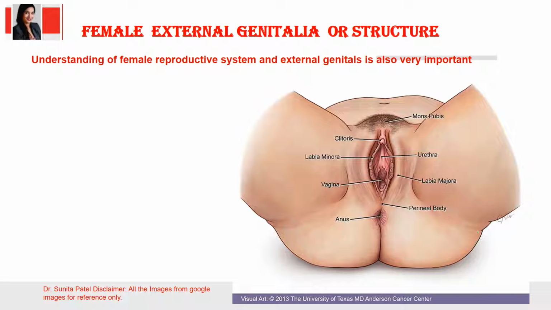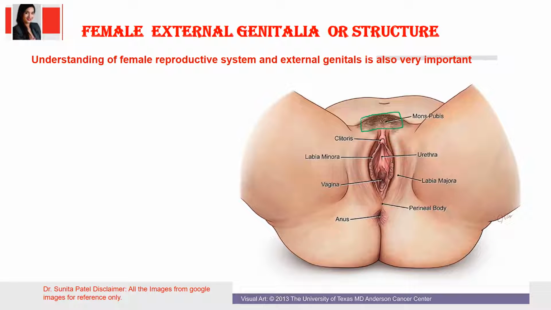The female is in a crook-lying position with hips abducted. When she lies in front of us, we can see there is always a hair covering, and we call that pubic hair. Into the pubic hair, the pubic symphysis is covered by one layer of fat.